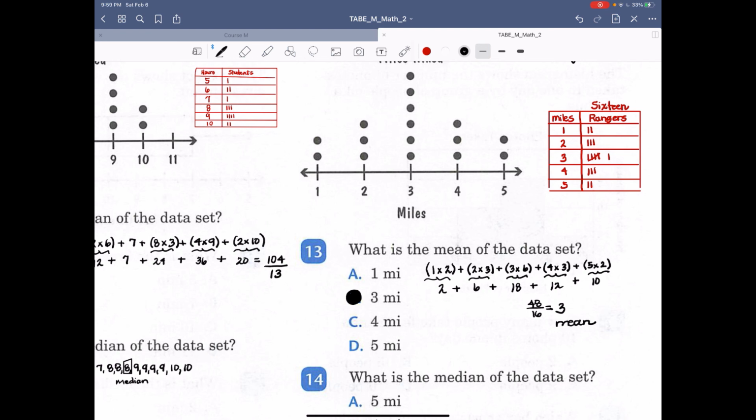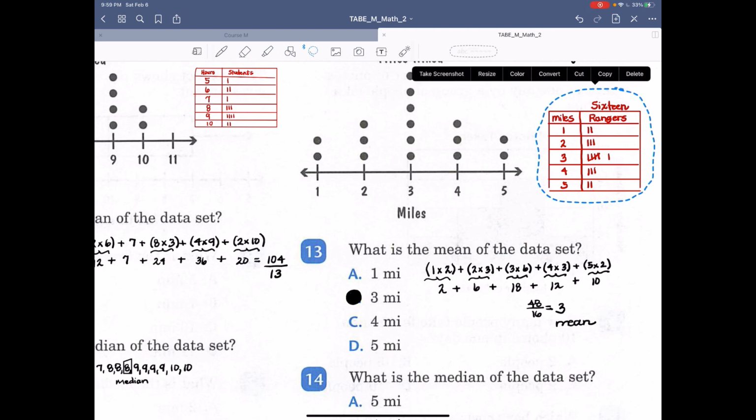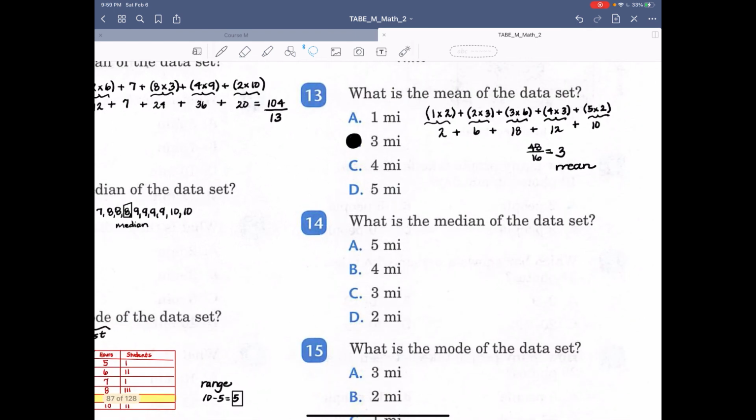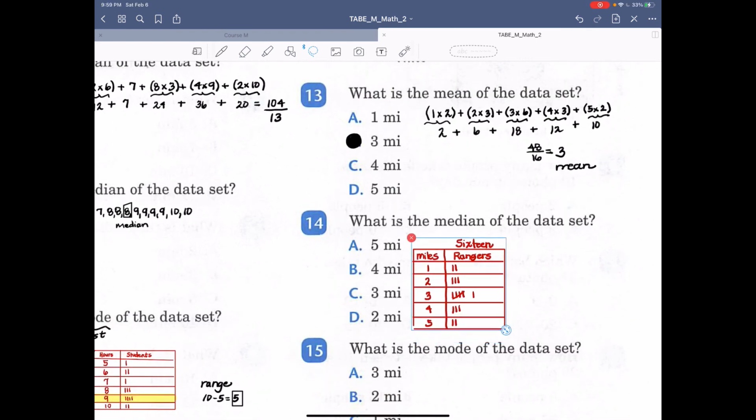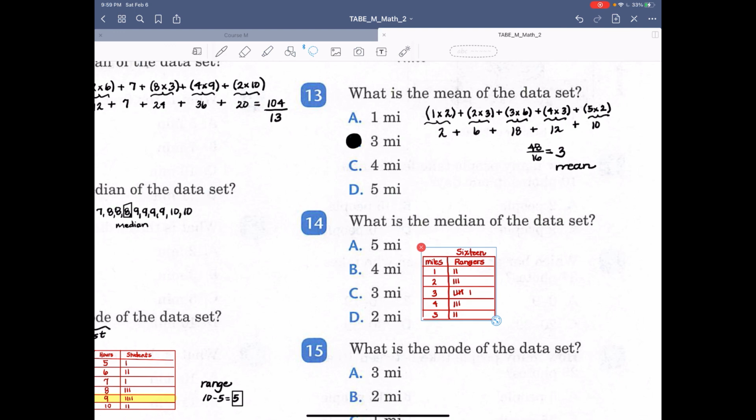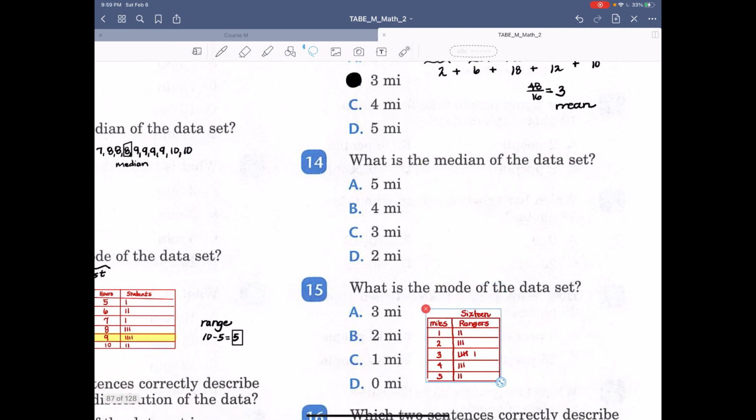The median. And for my median, I'm going to get a copy of this table because that's going to help me. Actually, I'm going to put it right here because I need it right there, and I'll just work from below. So we have 1 and 1, 2, 2, 2, 1, 2, 3, 4, 5, 6 of those 3s.